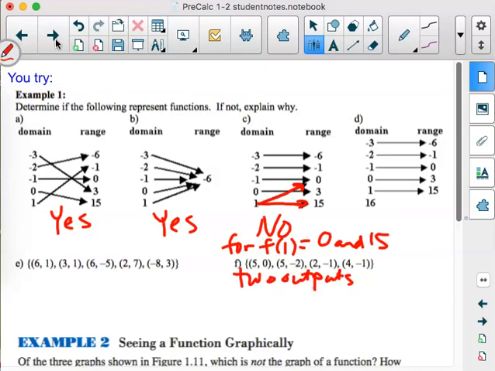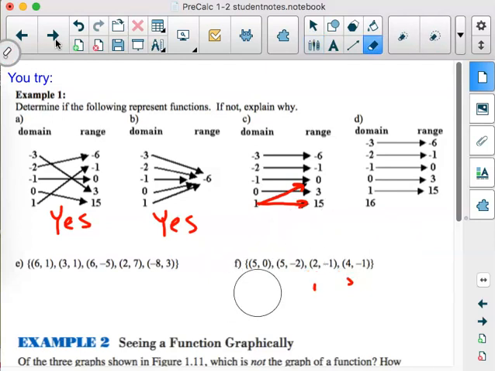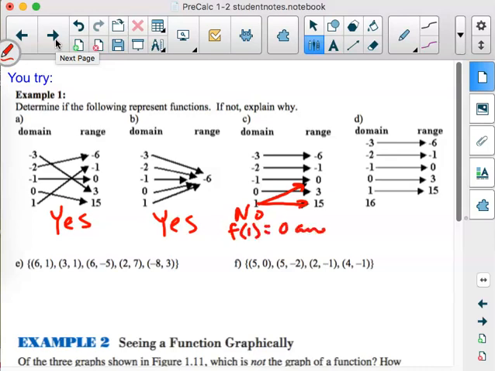And yeah, I wrote too big. I'm not going to be able to fit f in there. There we go, 2 outputs. So pretty obvious one. We've got a 1 straying off with 2 arrows there, and that's not going to work.